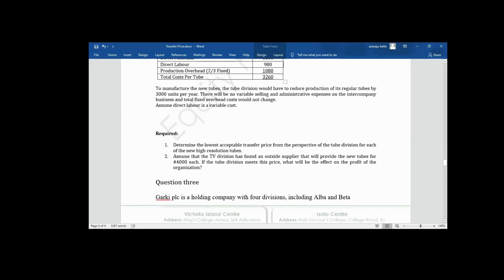Now look at requirement 2. Assume that the TV division has found an outside supplier that will provide the new tubes for 4,000 naira. If the tube division agrees to meet this price, what will be the effect on the profit of the organization?